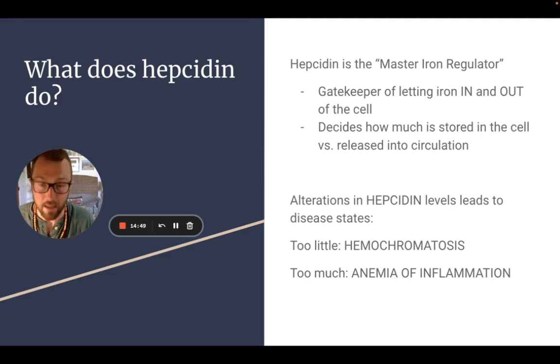This is called anemia of inflammation. And we'll talk about the mechanism of how that happens a little bit later in the episode. But again, it's just important to note, hepcidin plays a critical role in iron balance. And iron, when it becomes imbalanced, either too high or too low, causes disease states. Let that sink in for a second.